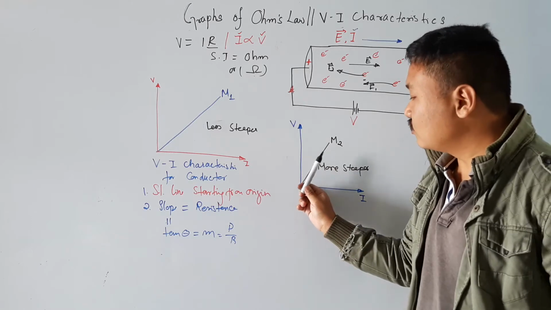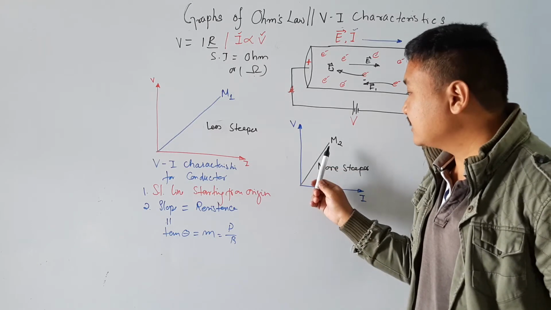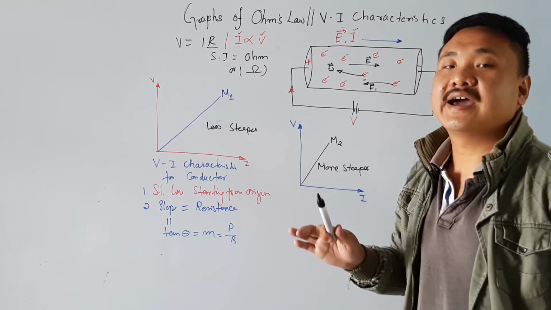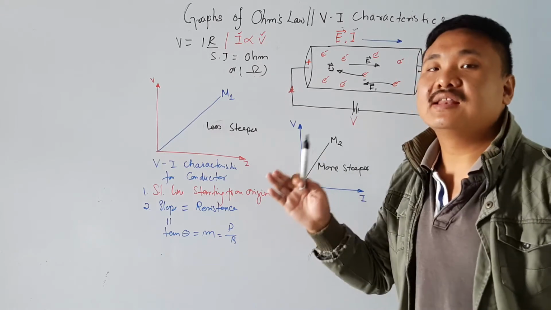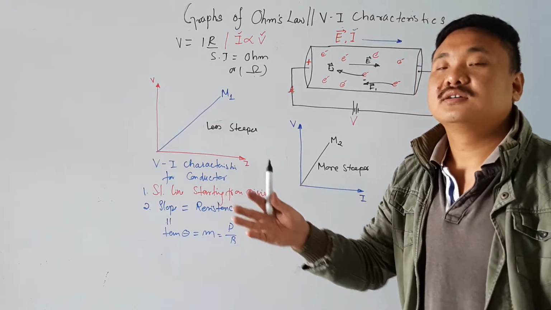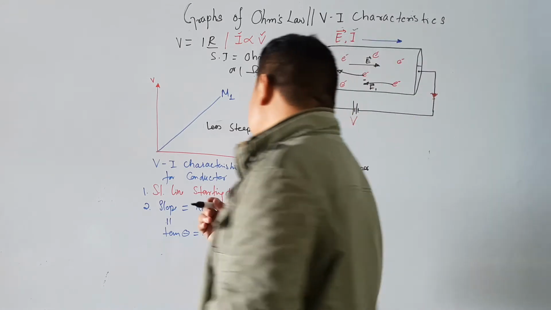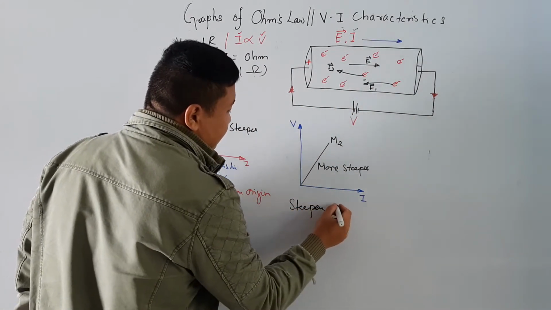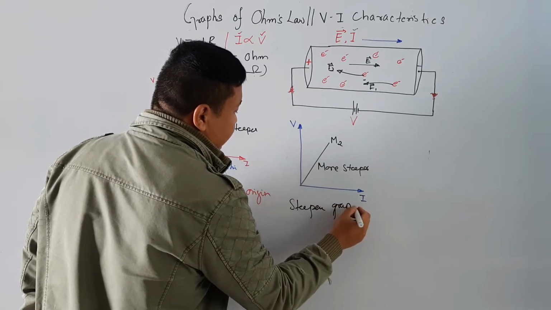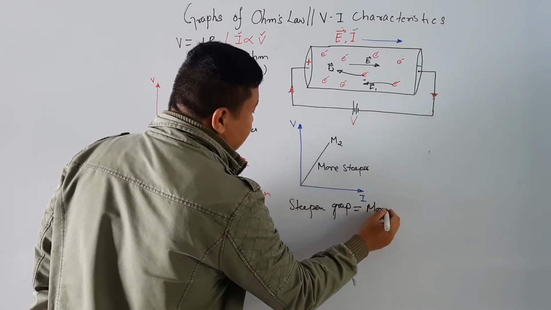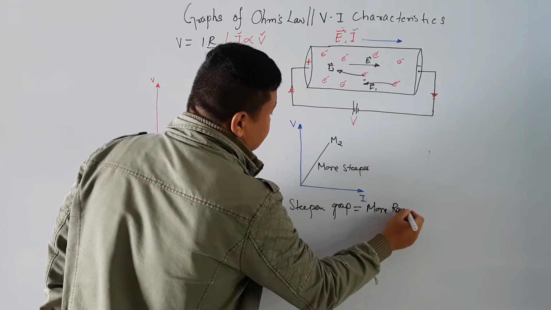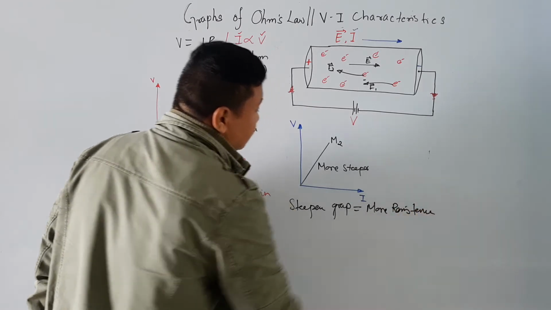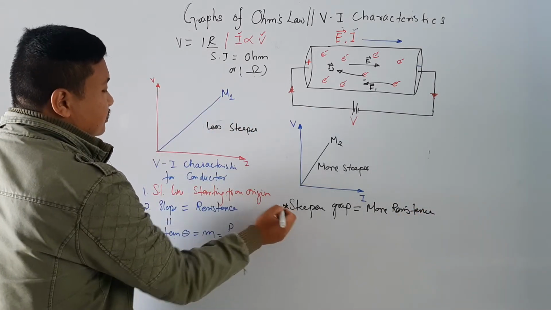If the graph is more slanted, then that metal will have more resistance. So a steeper graph equals more resistance. This is one important point that you need to know.